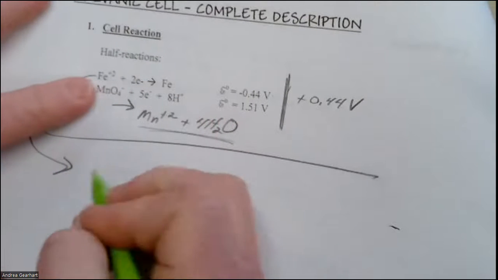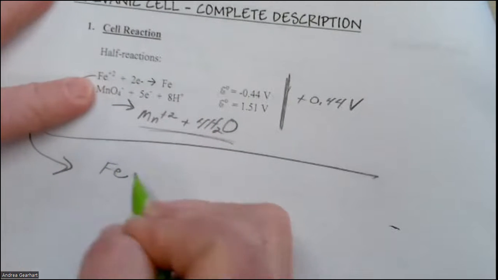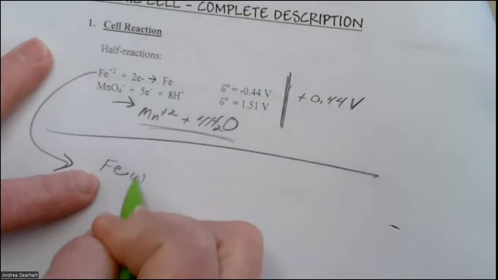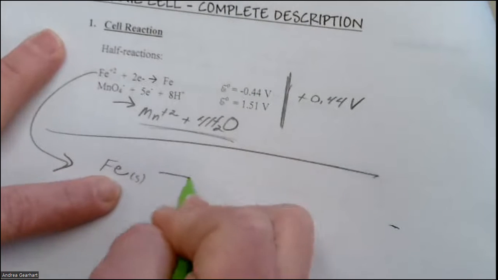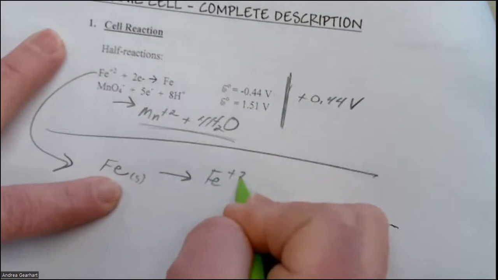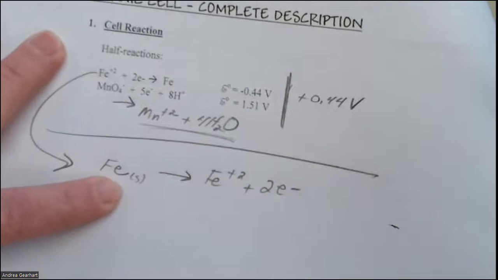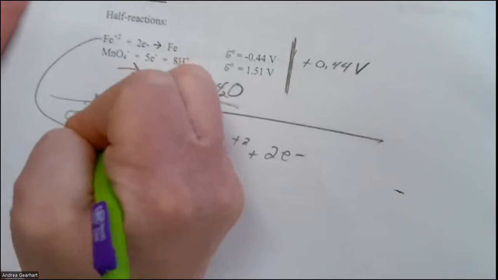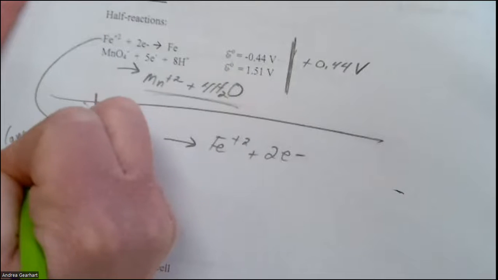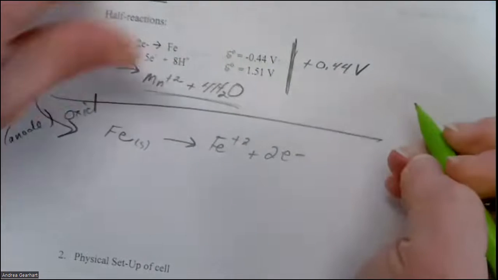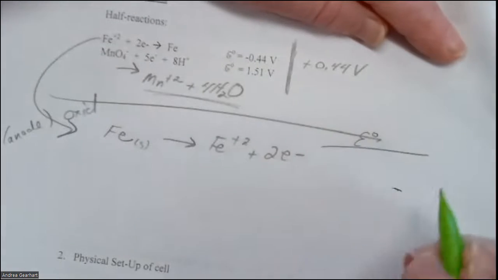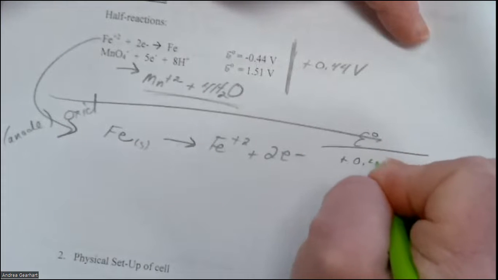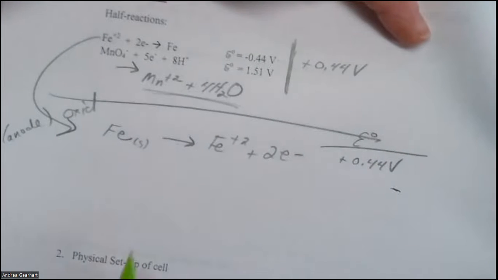All right, so I am going to equip my battery with solid iron, understanding that when I put everything connecting, this will be my oxidation. Oxidation happens at the anode. And the E naught of that will be positive 0.44 volts.